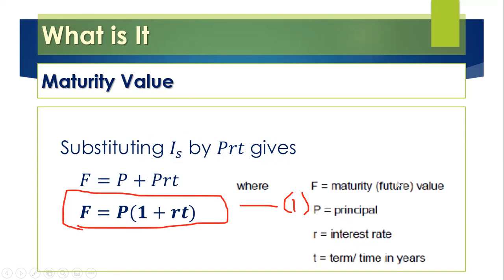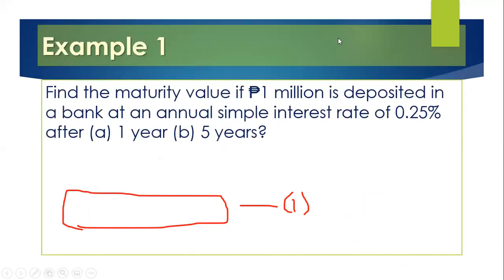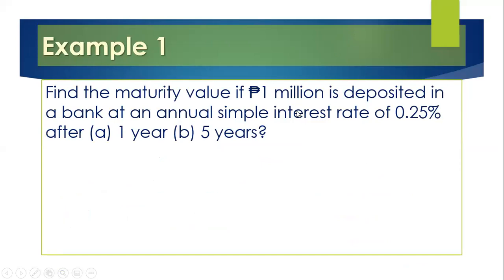Okay, where the F is future value or maturity value, P is the principal, R is interest rate, T is term or time in years. So let's have example number 1. Find the maturity value or future value if 1 million pesos is deposited in a bank at an annual simple interest of 0.25%, letter A, after 1 year, letter B, after 5 years.